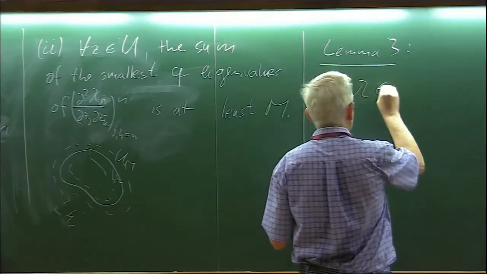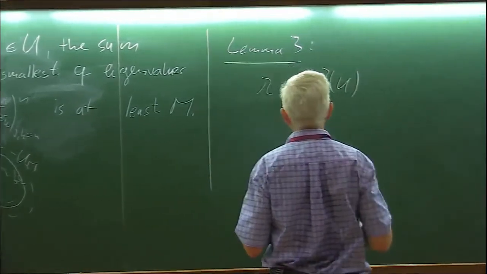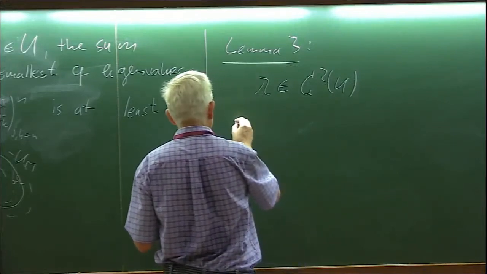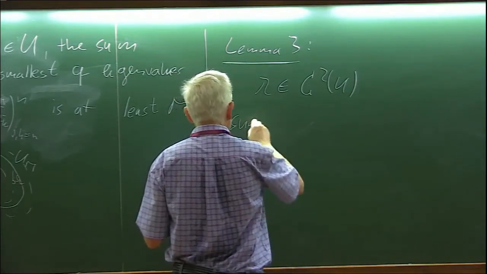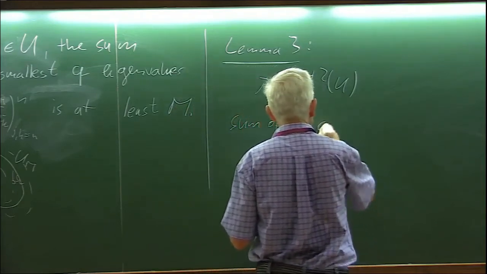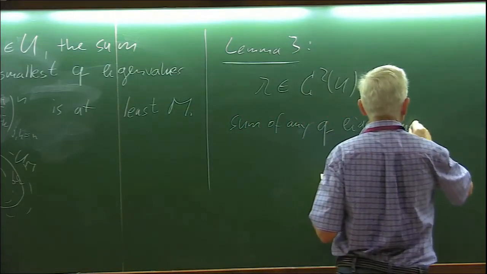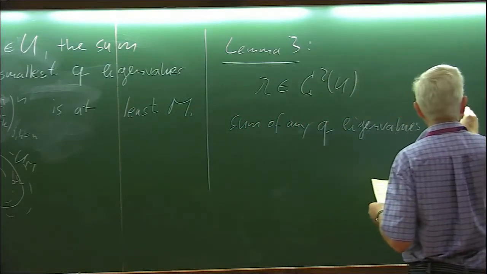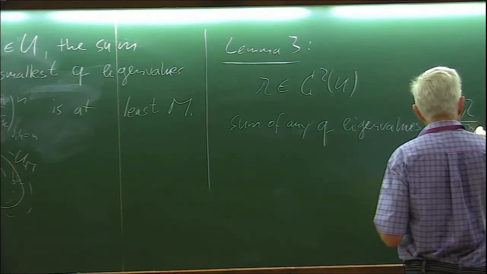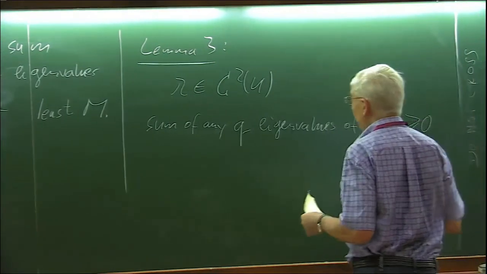So, take some function lambda that's C2, some open set U, then the following are equivalent. The sum of any q eigenvalues of d square lambda over dCj dCk bar, jk, is greater than or equal to 0.